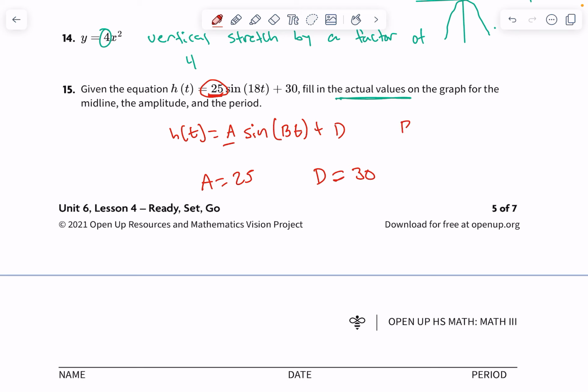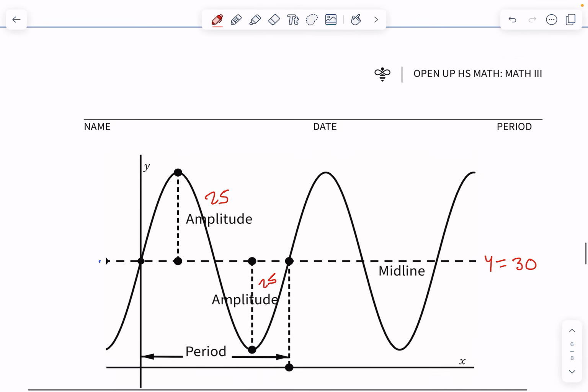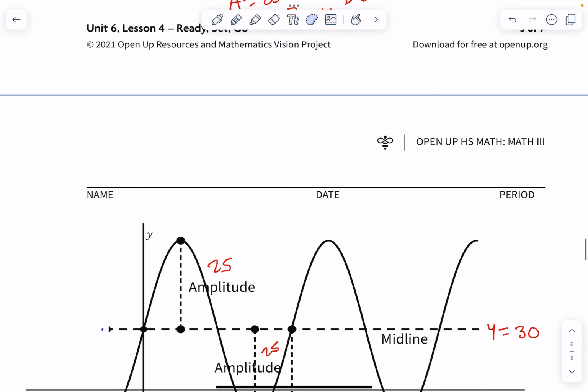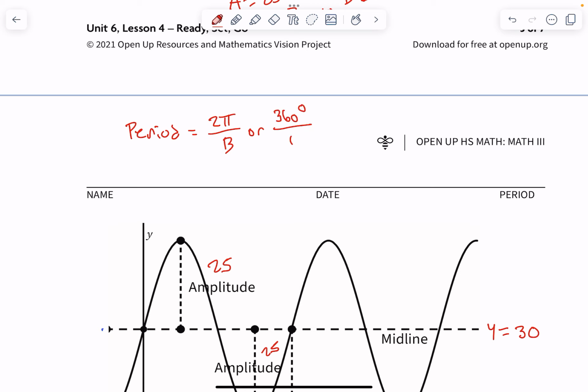So my b is equal to 18, right? This is my b. Now, as we might know, period is equal to 2 pi over b, or 360 degrees over b.